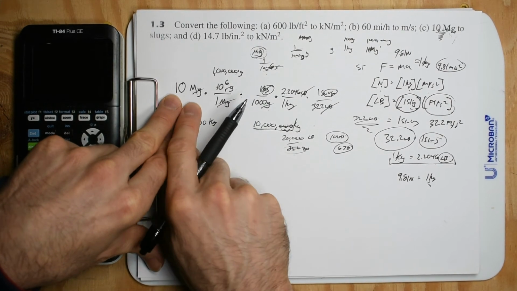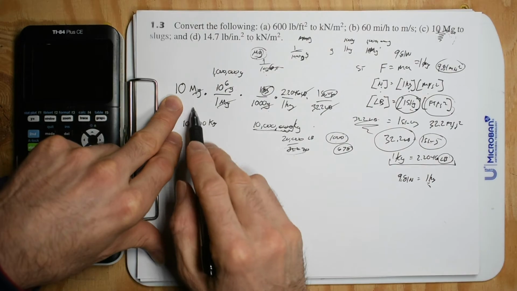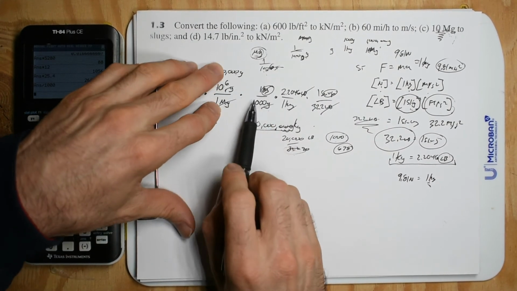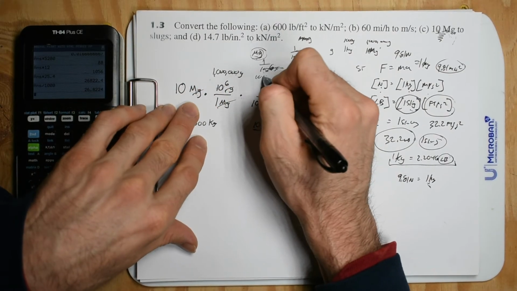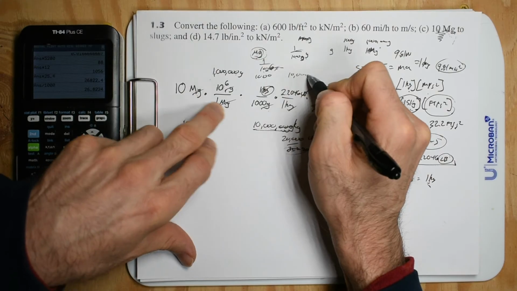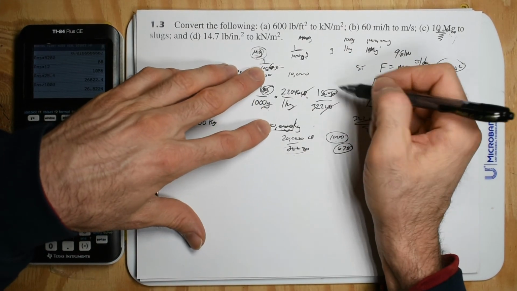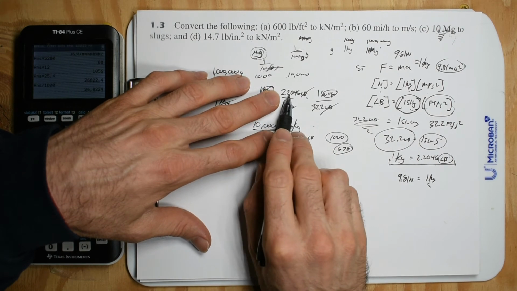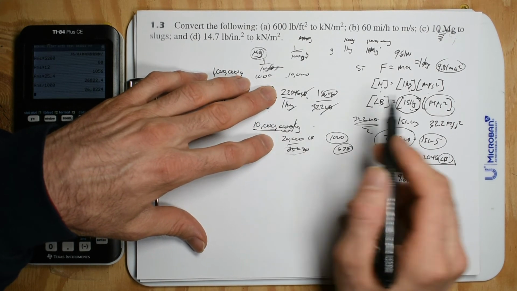And let's see what we got. If we do this million divided by 1,000, this is just 1,000 on top. And then multiplied by 10, this just gives us 10,000. And then we're going to double it, so we're going to have that 22,000 divided by 32.